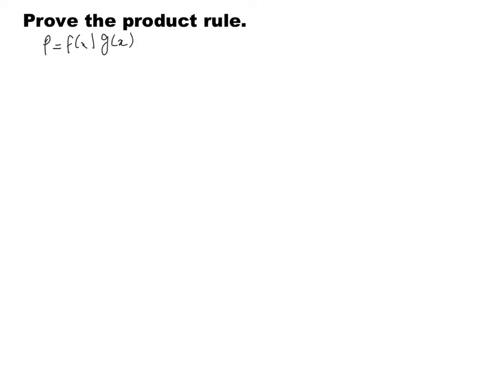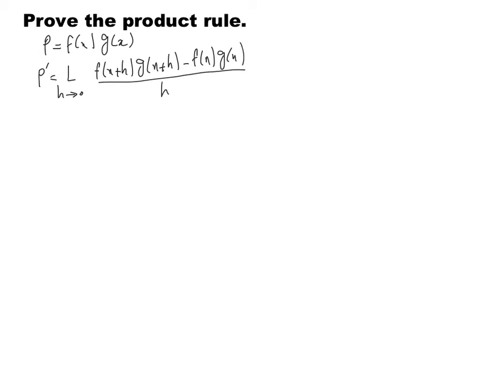Then the derivative p prime is the limit when h goes to 0 of f of x plus h, g of x plus h, minus f of x, g of x, divided by h.